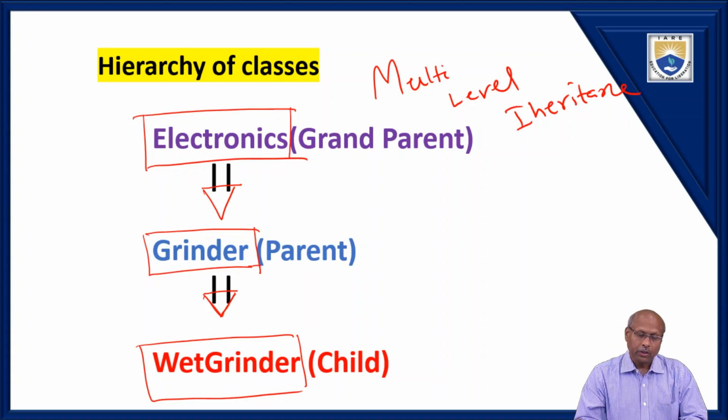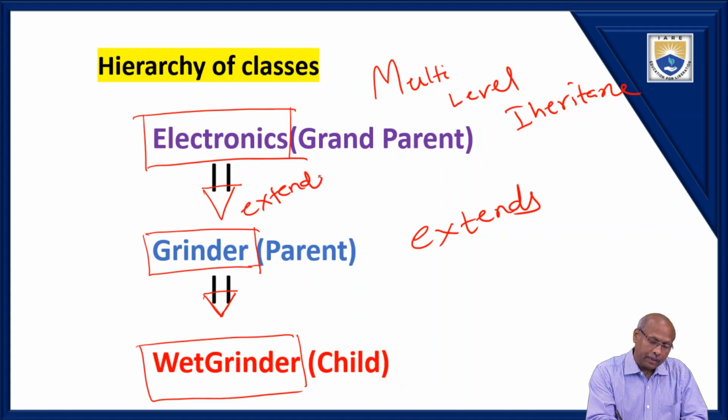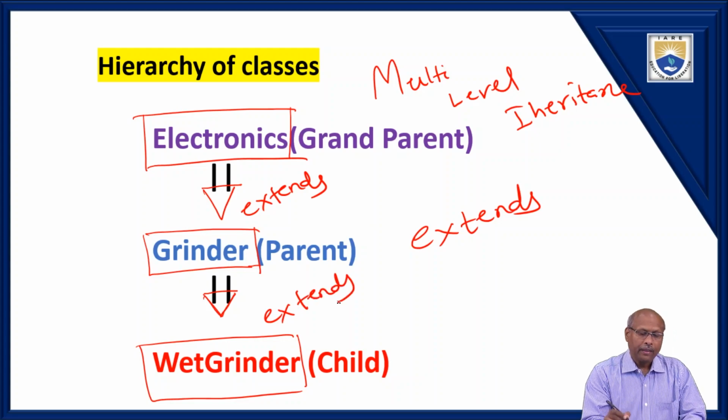How can you implement it? In Java, you would use a special keyword called extends. That means grinder extends the electronics behavior. Similarly, wet grinder extends the grinder behavior. So here you should write the extends keyword. Here also you would use the keyword extends. So now this is my grandparent, this is the parent, this is the child.